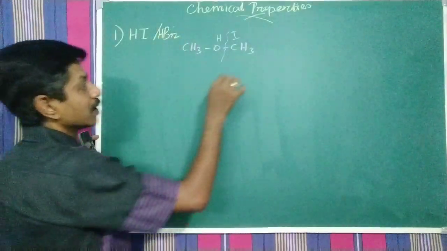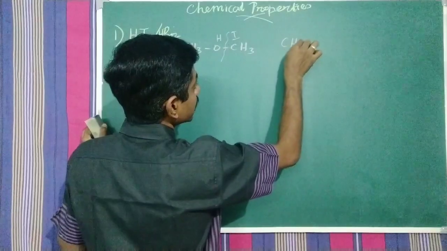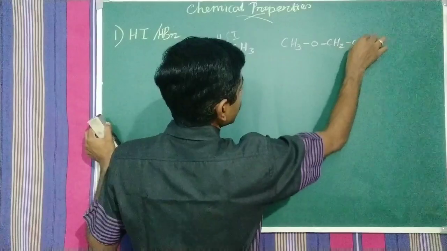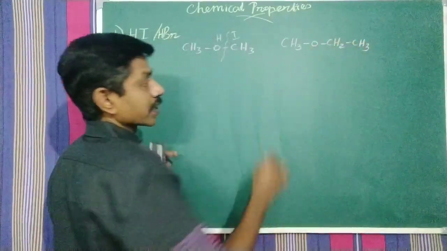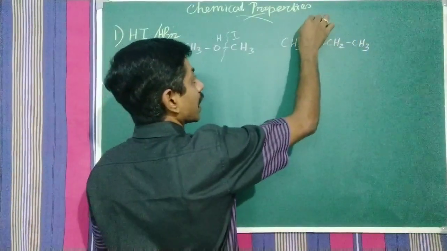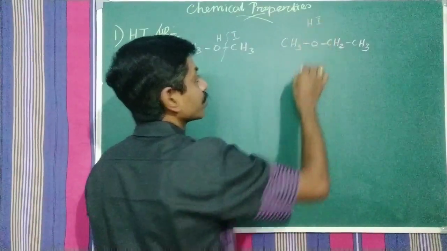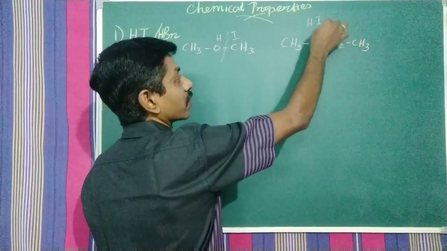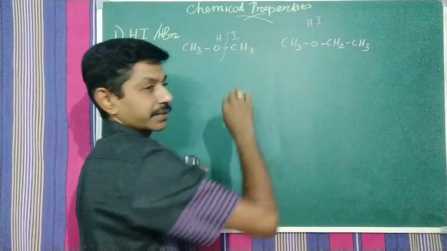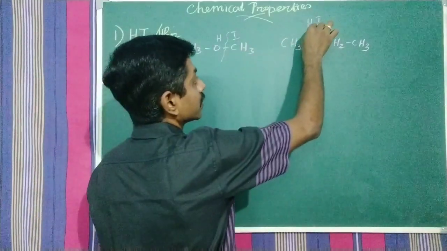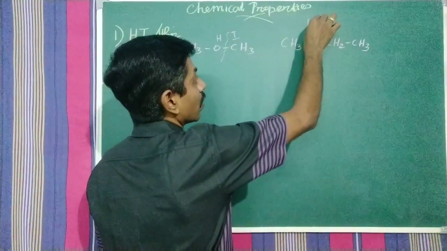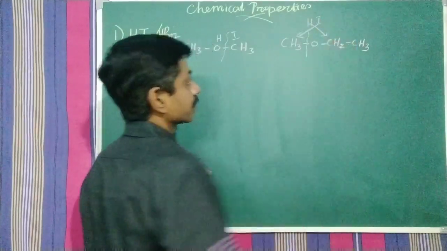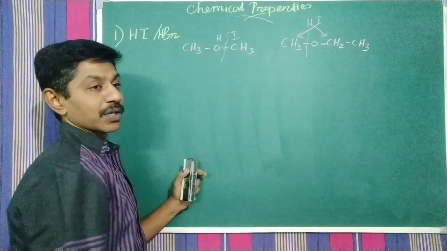This is very normal. But when there is a difference, you have a mixed ether, that is CH3OCH2CH3. In this case, if you are adding HI, now we have a confusion whether to add hydrogen on the left side and iodine on the right side, or iodine on the left side and hydrogen on the right side. Always iodine goes to the left side and hydrogen goes to the right side in such a molecule.